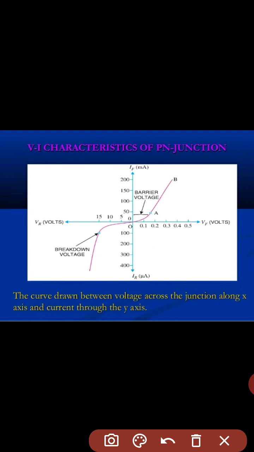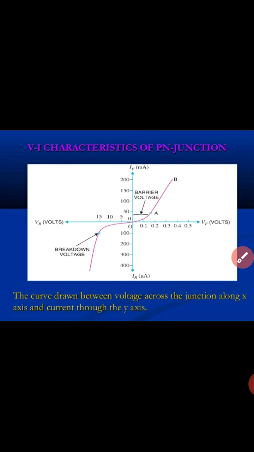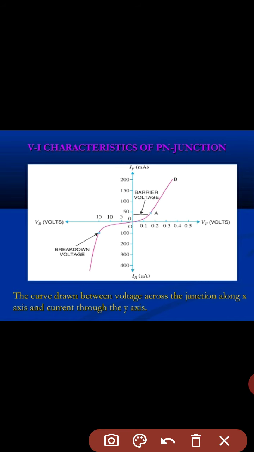Then the VI characteristics of the PN junction diode can be understood with the help of the following graph. VI characteristics means the graph between current, which is taken along the y-axis, and voltage, which is taken along the x-axis. Here the forward bias characteristics of the diode are shown by the first graph, which is in the first quadrant.